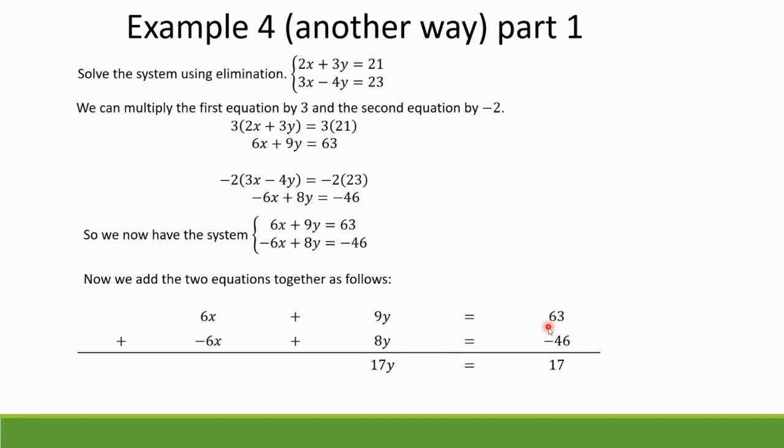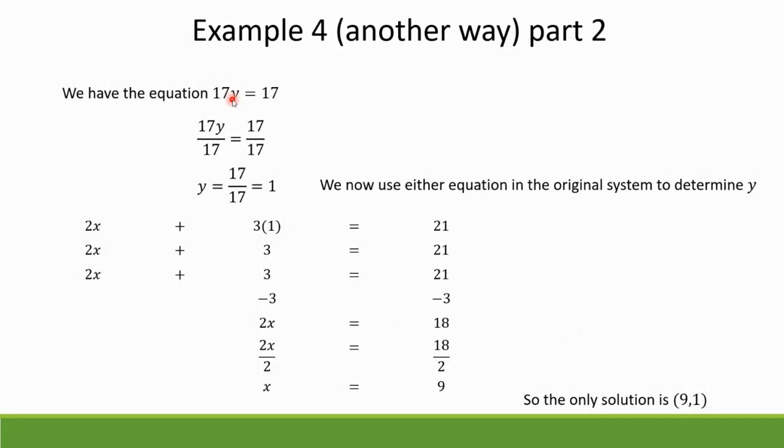You add these terms here, what do you get? You get 17. Okay, that's great. So we know 17 times y is 17. Okay, but can we get y? Well, yeah, you just divide by 17. We get y is 1.